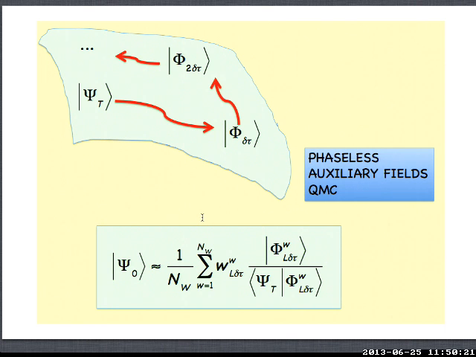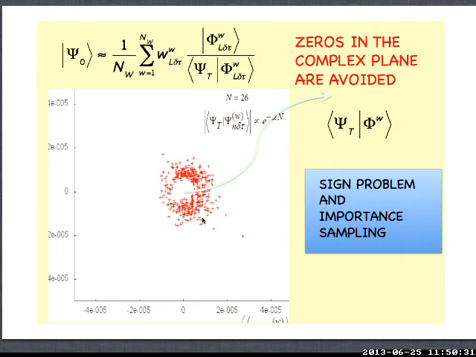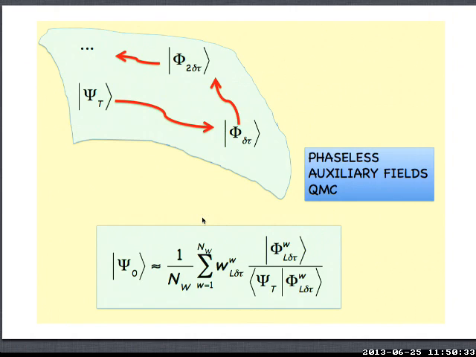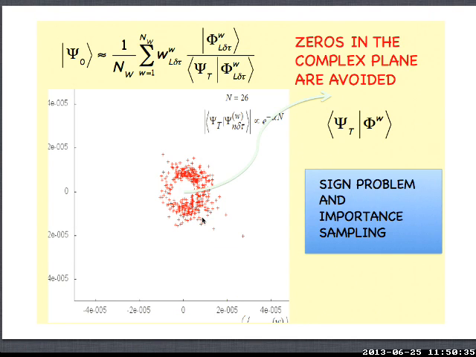And this, of course, has not to be 0, otherwise this expression is not well defined. But from this expression, one can evaluate averages over the ground state. Actually, we have verified empirically that zeros are avoided.